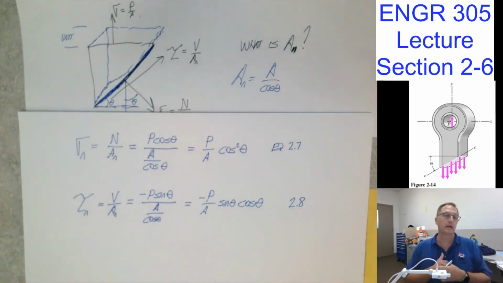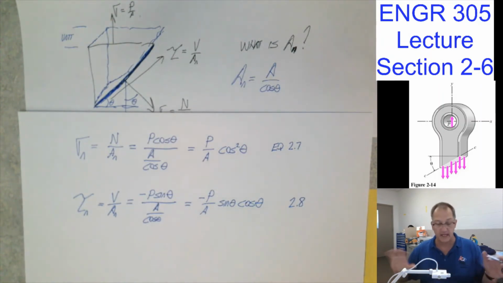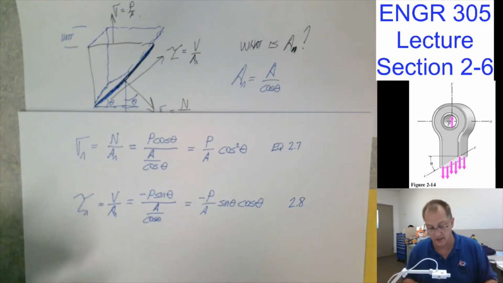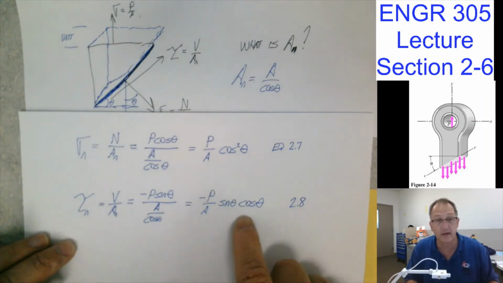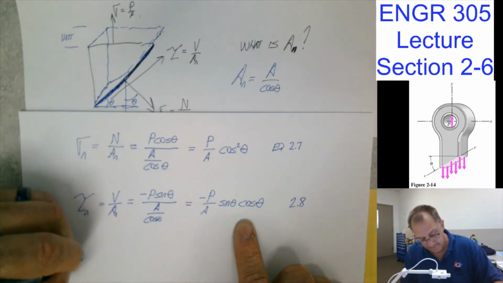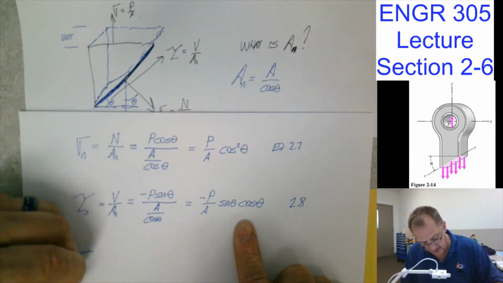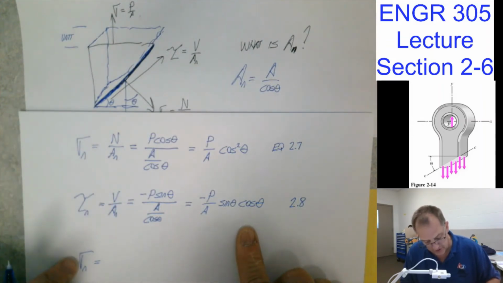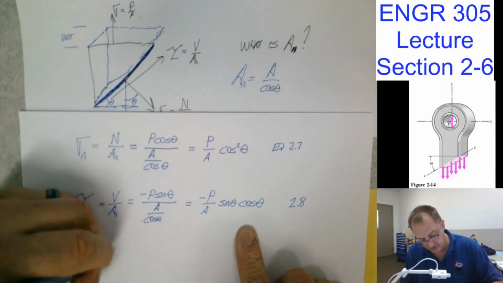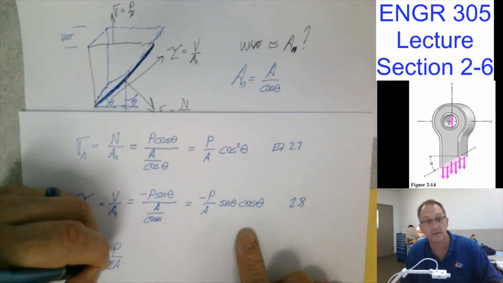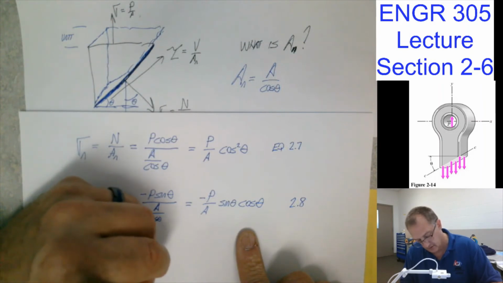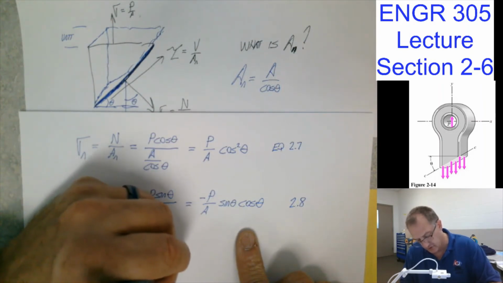And this is where we just have to love our mathematicians. They don't like the cosine squared. They don't like the sine theta cosine theta. So they're going to rewrite those equations. The new equations we're going to get are: sigma n, the normal stress in the n direction, is equal to P over 2A times (1 plus cosine of 2 theta).